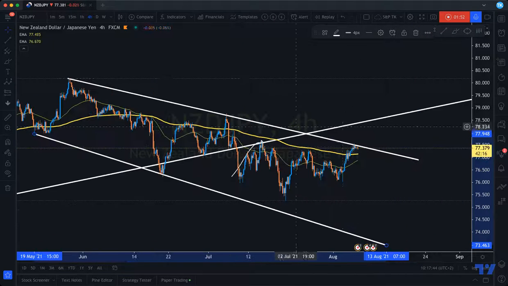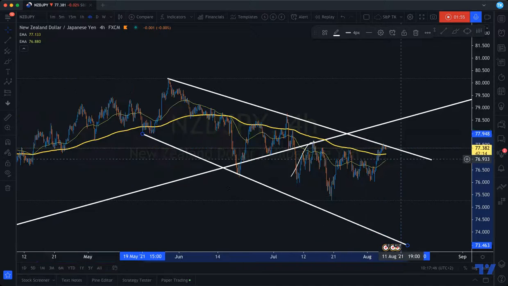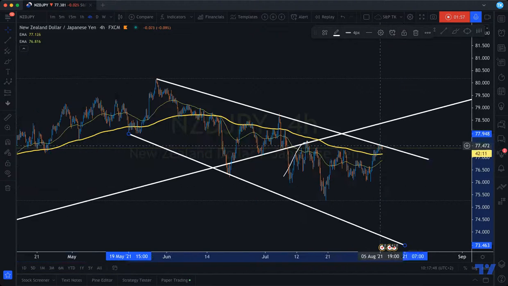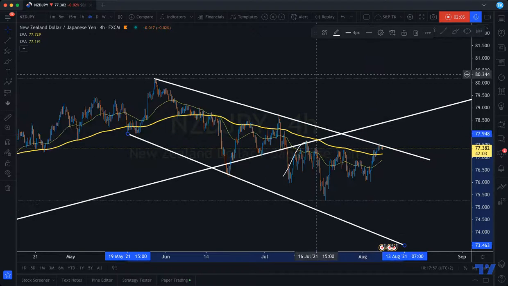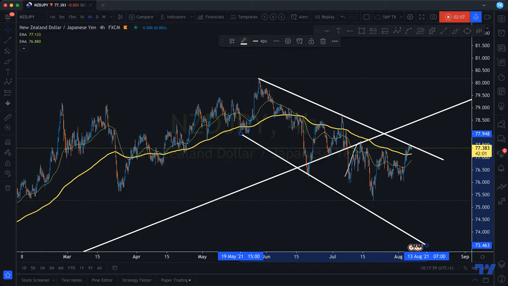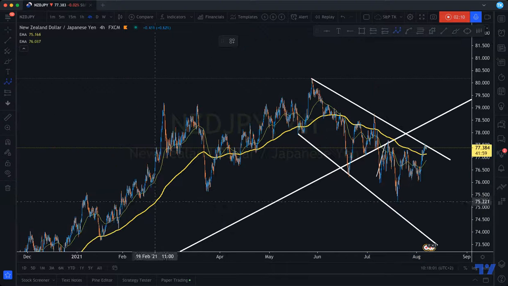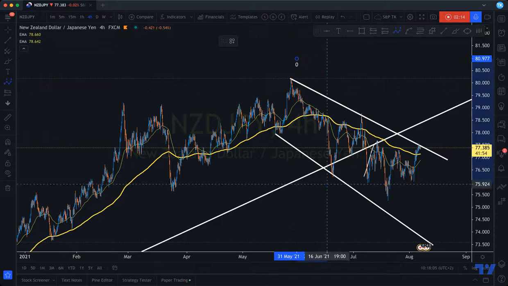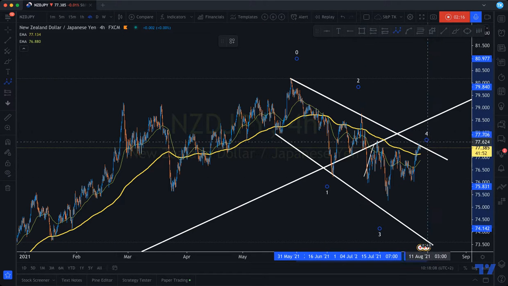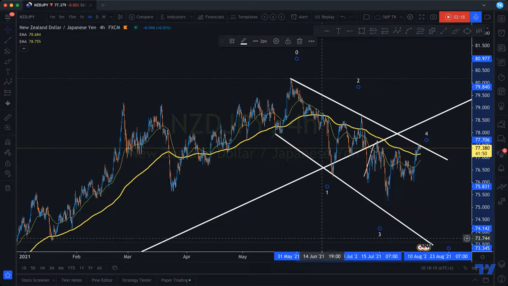Yes, like this. So as you can see, now price is in this very important dynamic resistance. Maybe here we have also an Elliott wave. Let me see. After a strong bullish momentum, we see 0, 1, 2, 3, 4, and probably 5 now here.